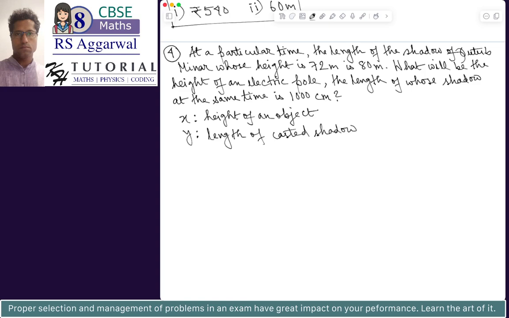It does not really matter whether you consider x to be the height of an object or the length of the casted shadow; it could be the other way around. So I am considering the quantity x to be the height of an object and y to be the length of its casted shadow, and these are all definitely at a specific time.